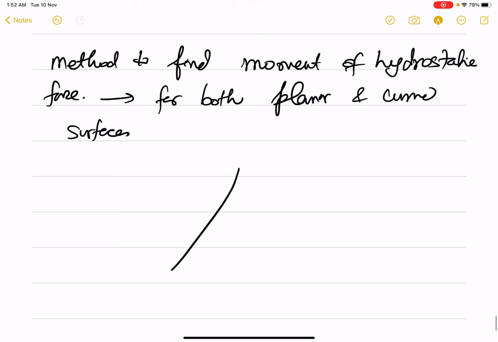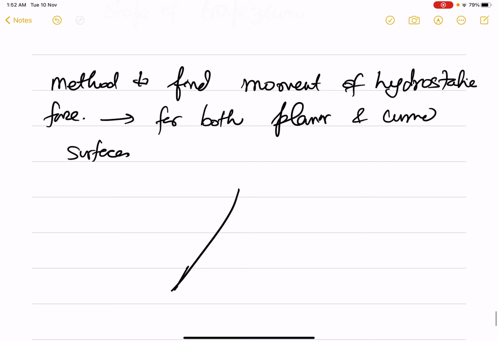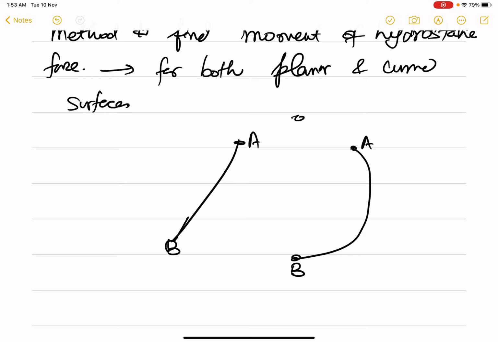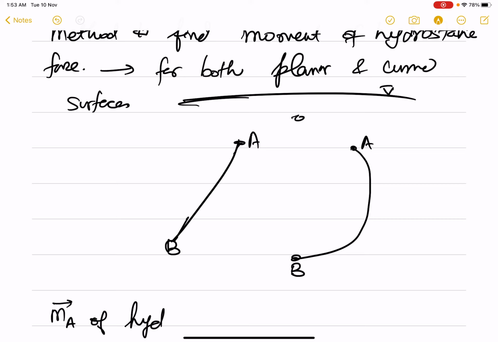So for example, if this is your surface AB, I'll do both surfaces. This is AB, which is a planar surface, or let us say this is AB, which is a curved surface. Then, this is the free surface here, and we have to find the moments about point A of the hydrostatic force.